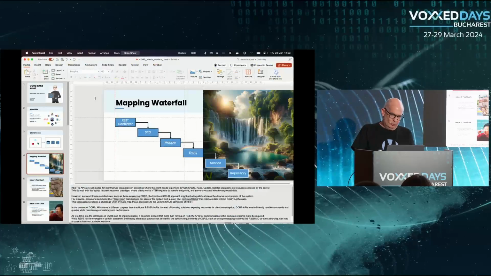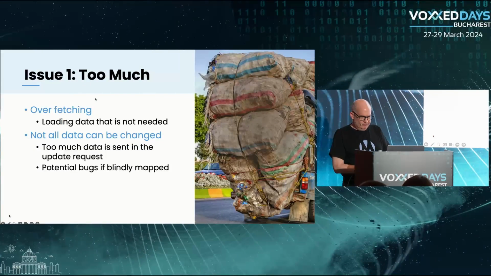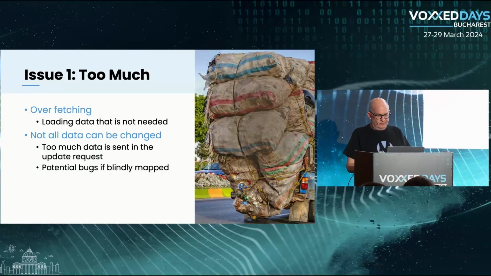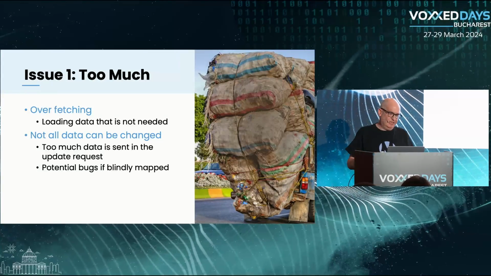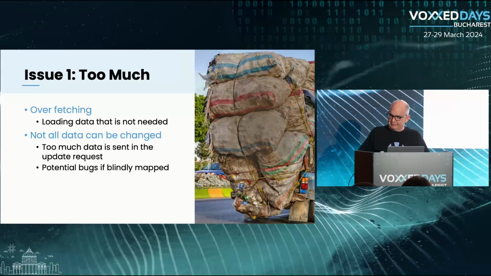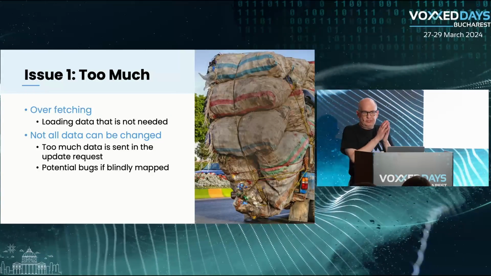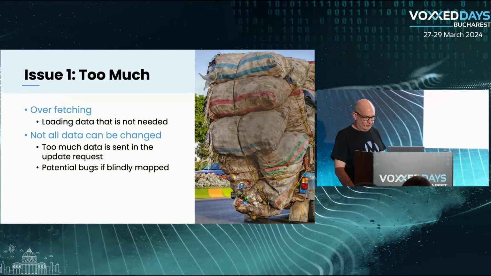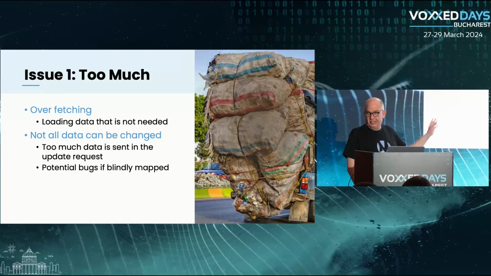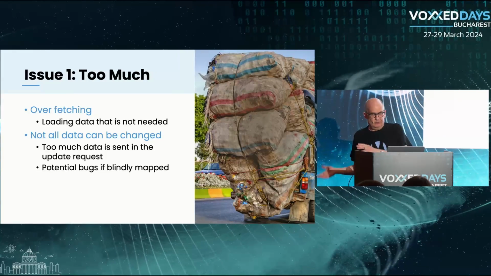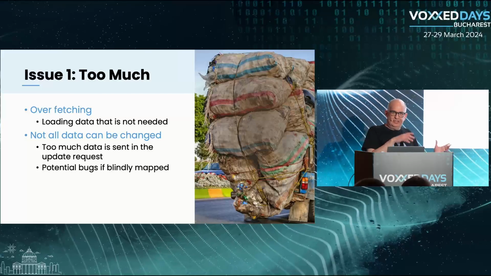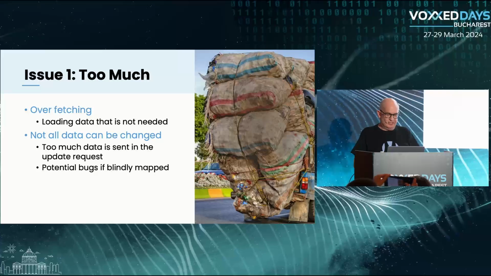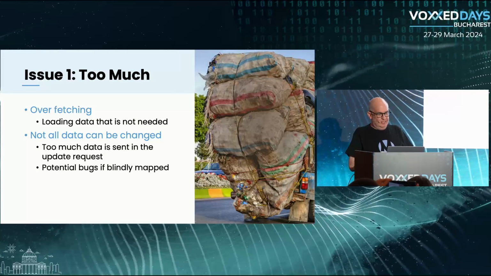But getting back to the initial problem, what we get with that kind of approach is something called overfetching. Because we just have the purchase order DTO as the main entity that we want to send over the API, we usually fetch too much data. So the client more or less gets everything, and then he picks the stuff that he needs. So this results in the n+1 select problem, for example.